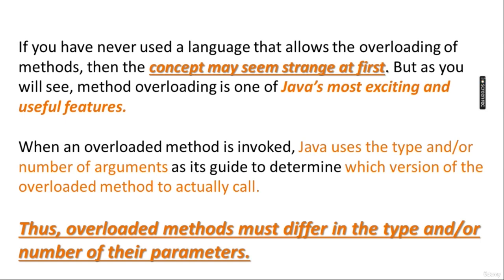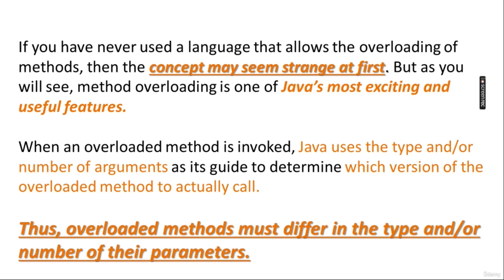When an overloaded method is invoked, Java uses the type or number of arguments as its guide to determine which version of the overloaded method to actually call. These overloaded methods must differ in the type and or number of their parameters.